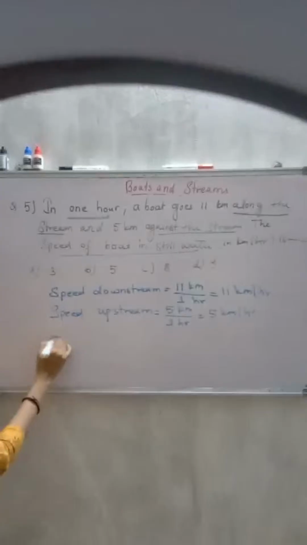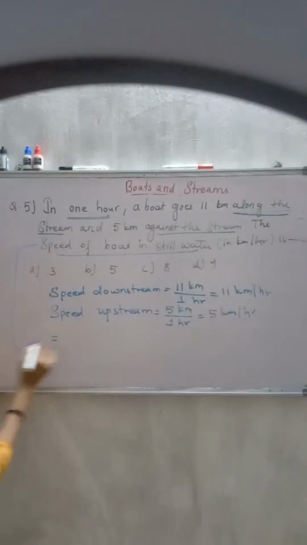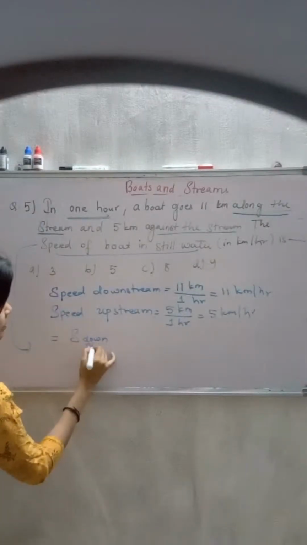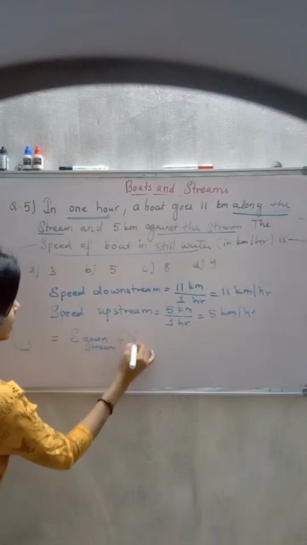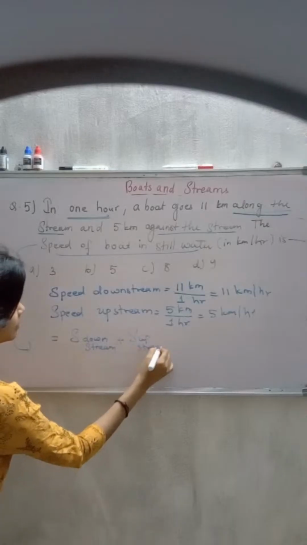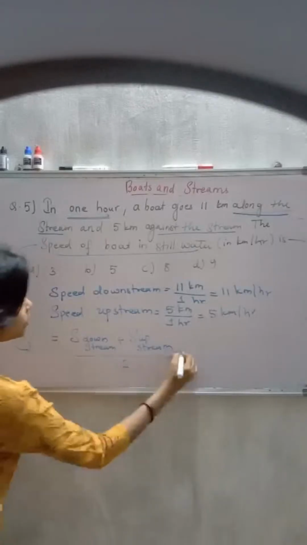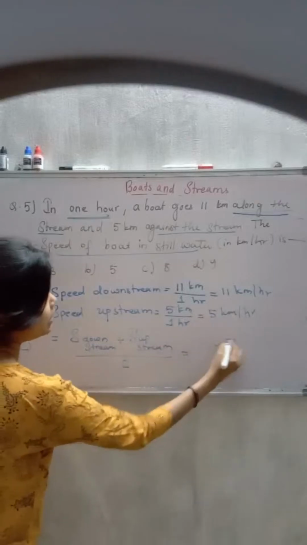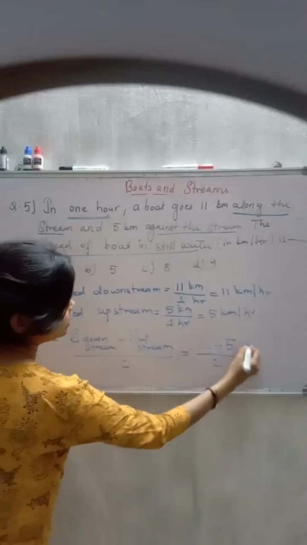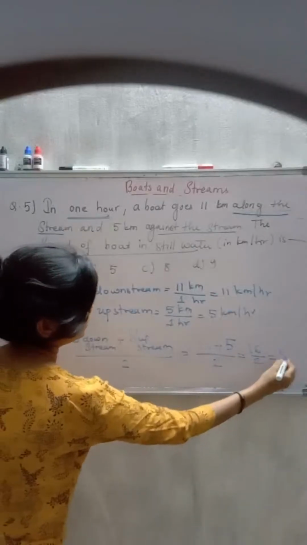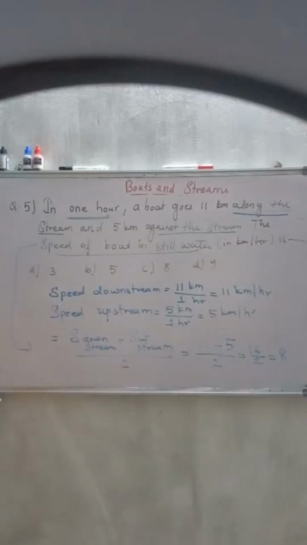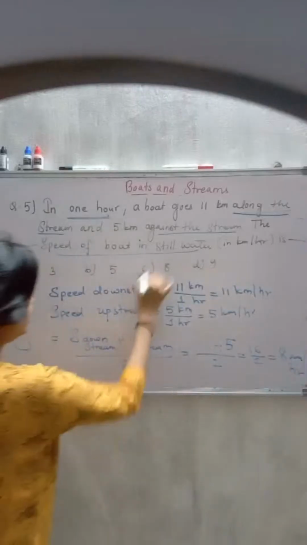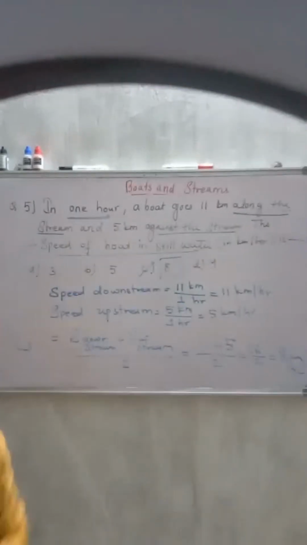Speed of boat in still water will be equal to speed downstream plus speed upstream divided by 2. So downstream is 11 plus upstream is 5 by 2. 16 by 2, that is 8 kilometer per hour. Option C is the correct answer.